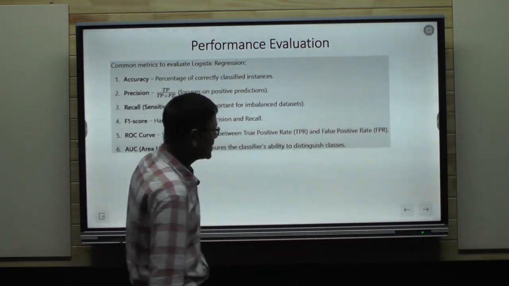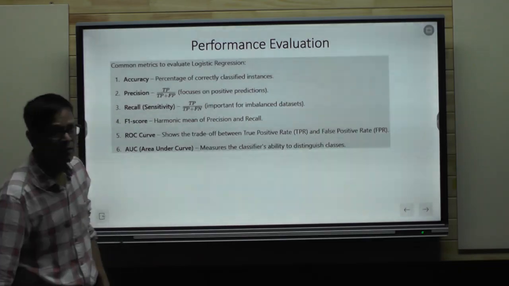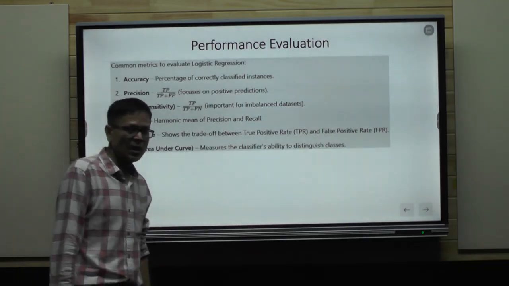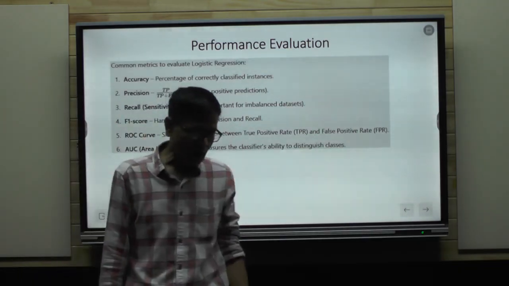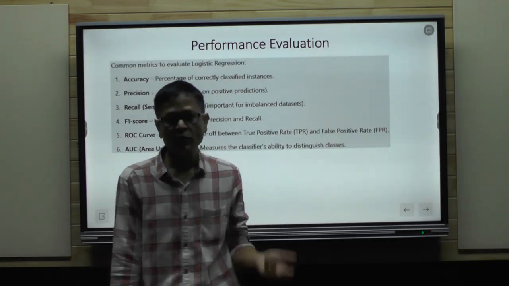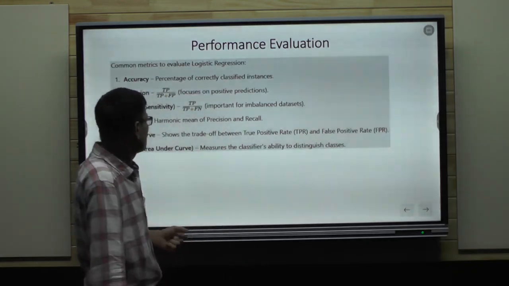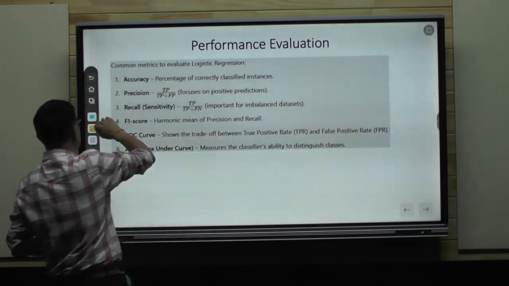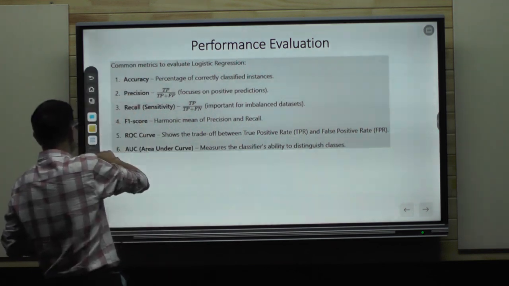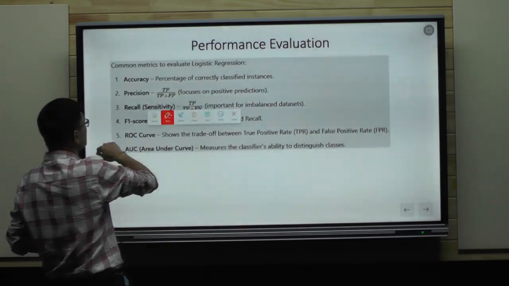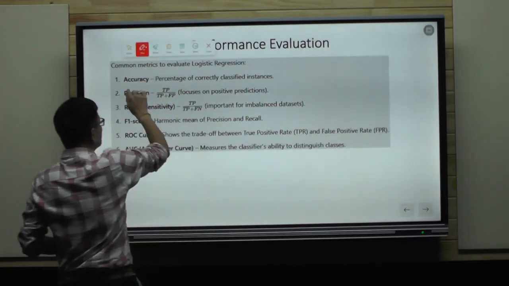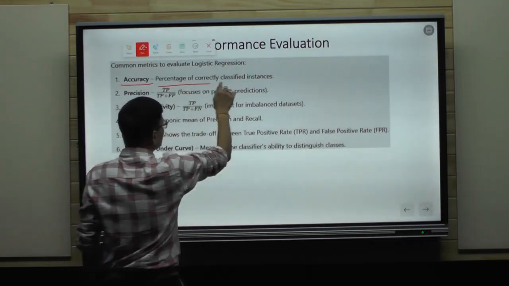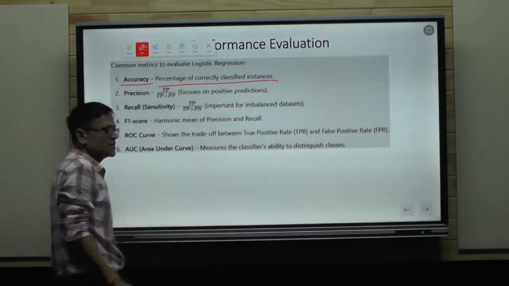Now there are certain metrics involved. When you are applying a model, you should also calculate how the model is behaving. So for that, we have accuracy, the first metric in which you should be interested. Accuracy means the percentage of correctly classified instances.